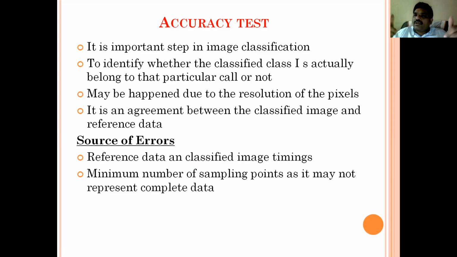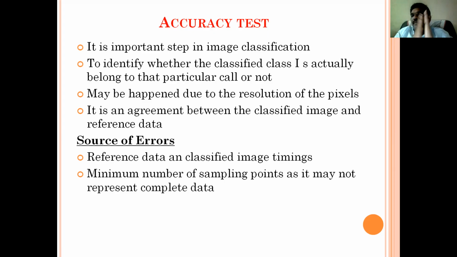Now, what are the sources of errors? Number one is reference data and classified image timings. Don't write like this. For explanation's point of view, I mentioned it like this: reference data and classified image timings. The reference data, that means your 10th class copy. For your understanding, I'm speaking here.